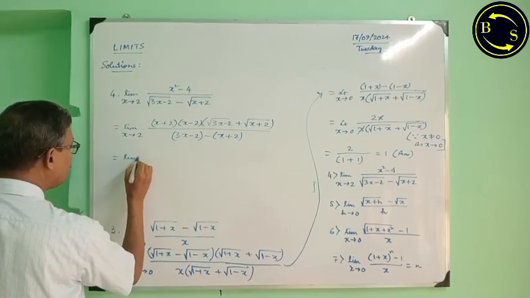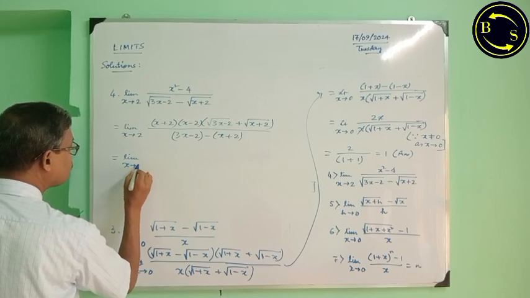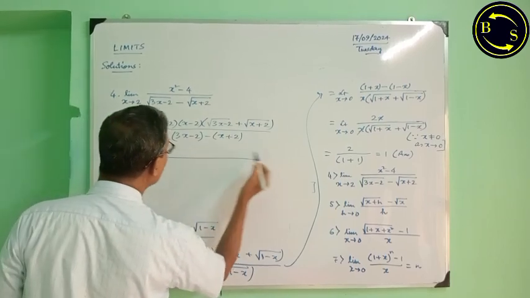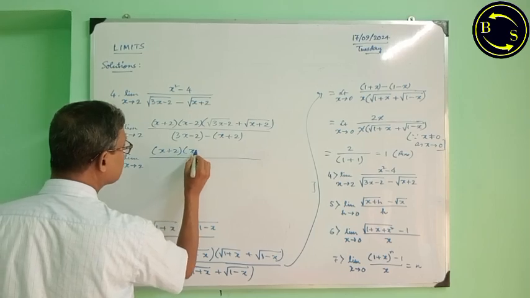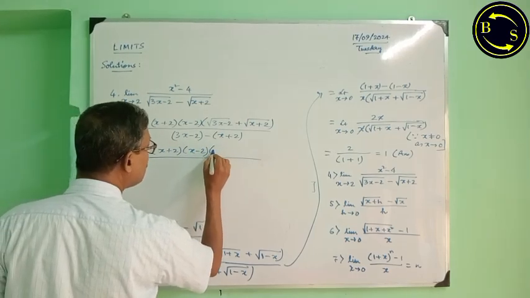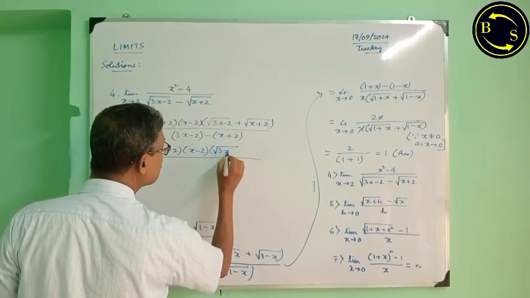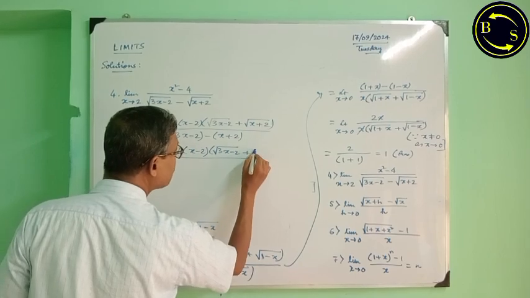Now limit x tends to 2, x plus 2, x minus 2, root over 3x minus 2 plus root over x plus 2.